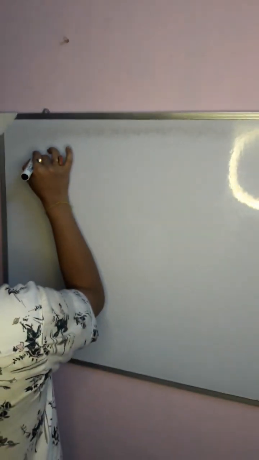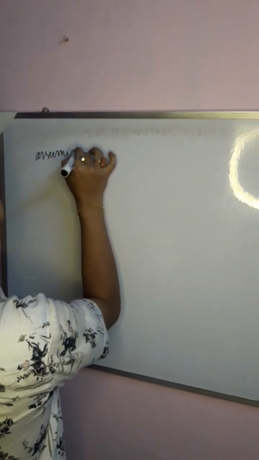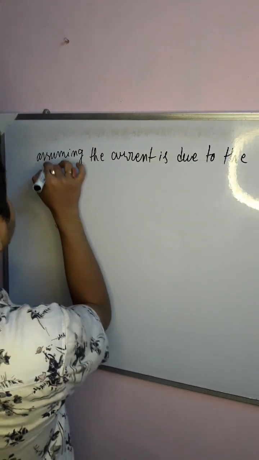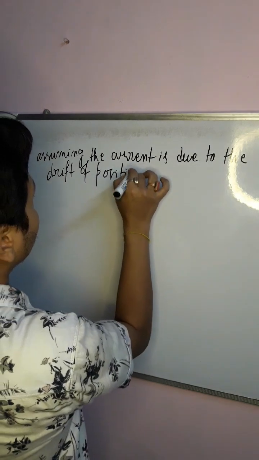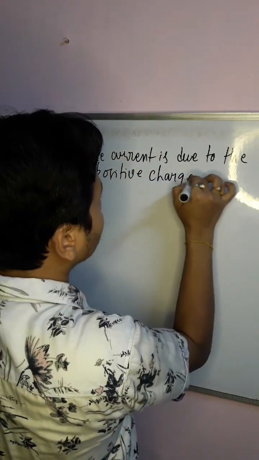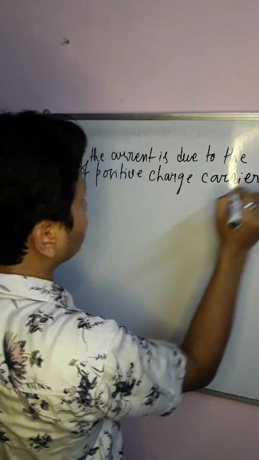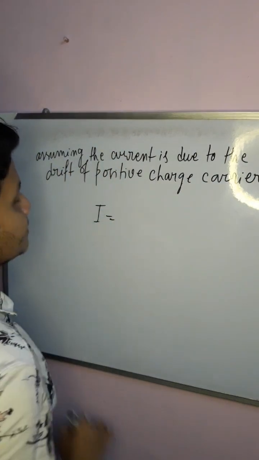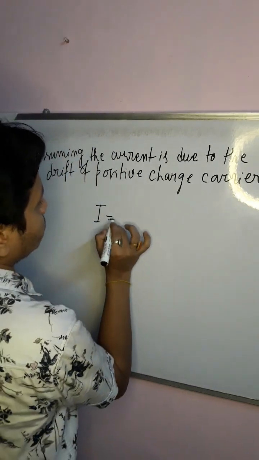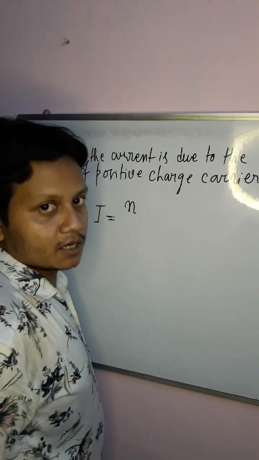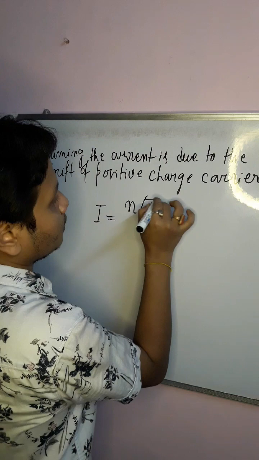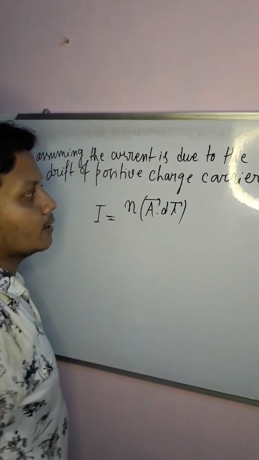So assuming the current is due to the drift of positive charge carriers, what can we write? Charge by time. If n is the number of carriers per unit volume, what would be the volume? A dot dl, if A is the cross sectional area of the element.